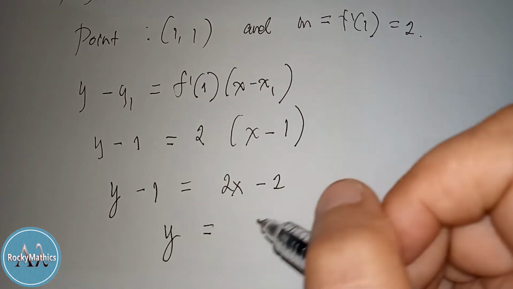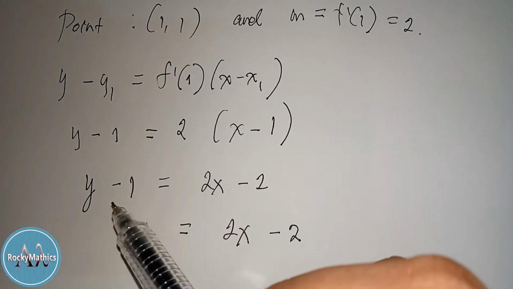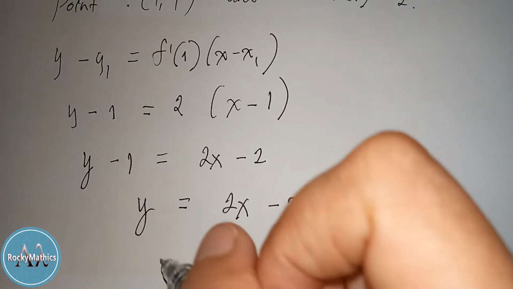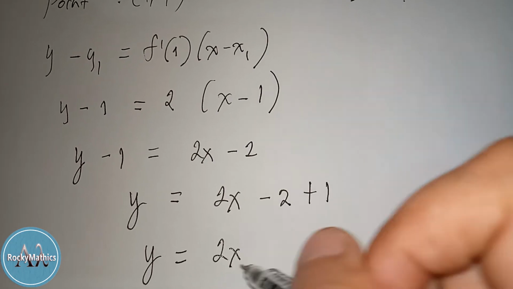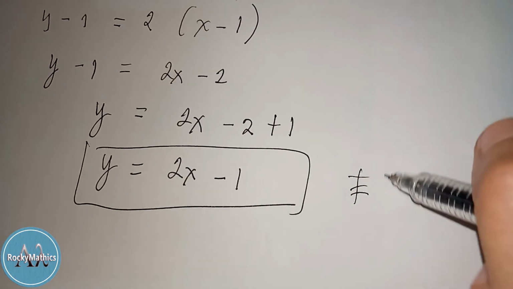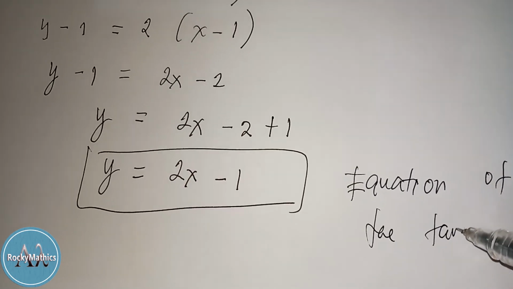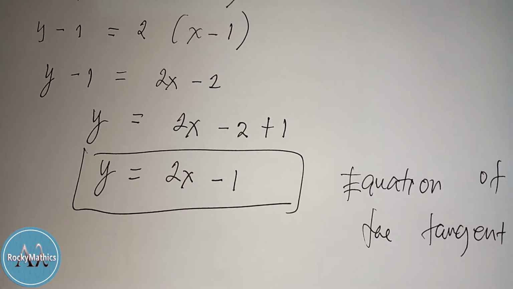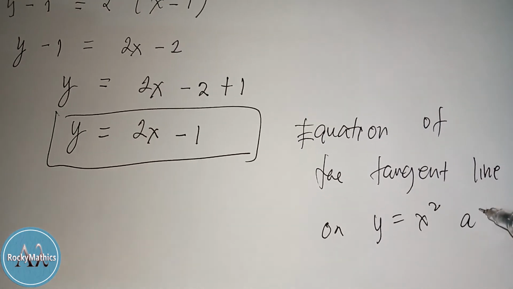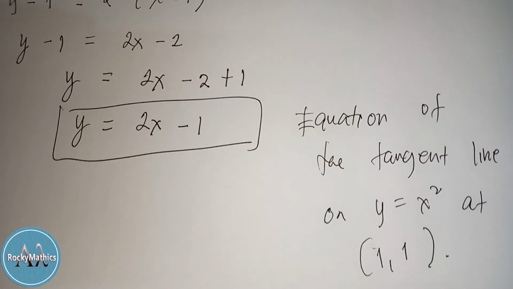You transpose the negative 1, this becomes positive 1. So y is equal to 2x minus 1. So this is now the equation of the tangent line on y is equal to x squared at the point (1, 1).